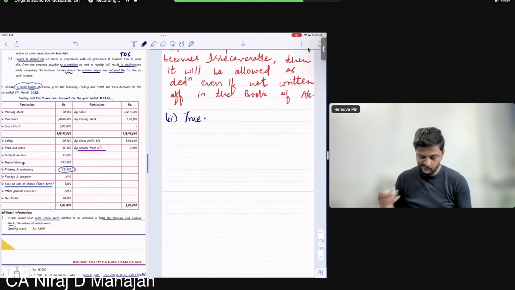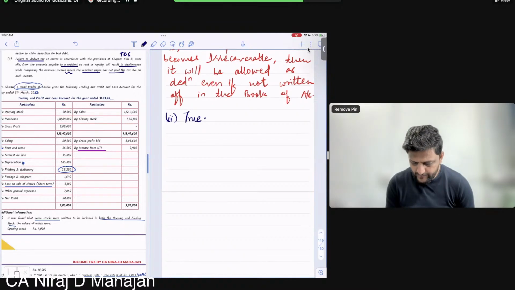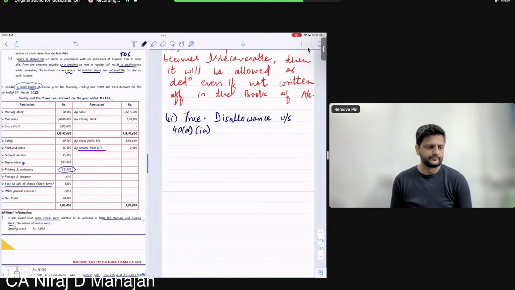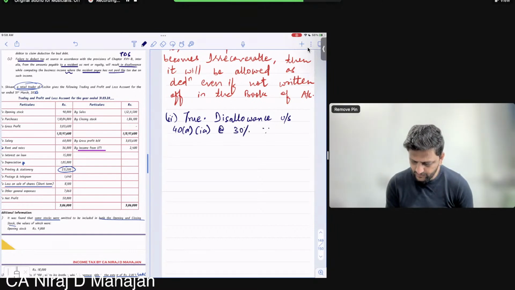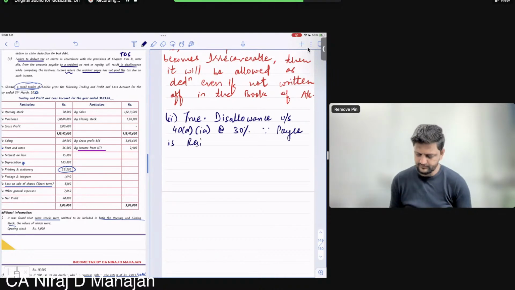True. Disallowance under section 40A(1)(a) at the rate of 30% since payee is resident, है ना?